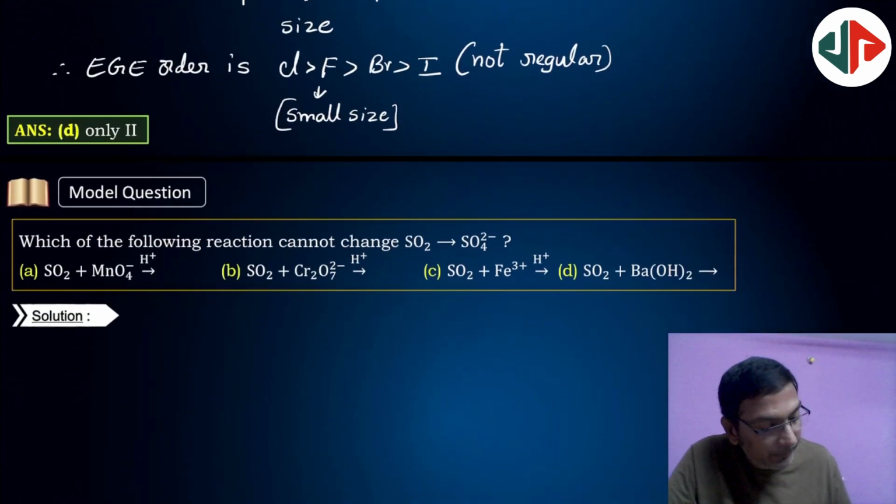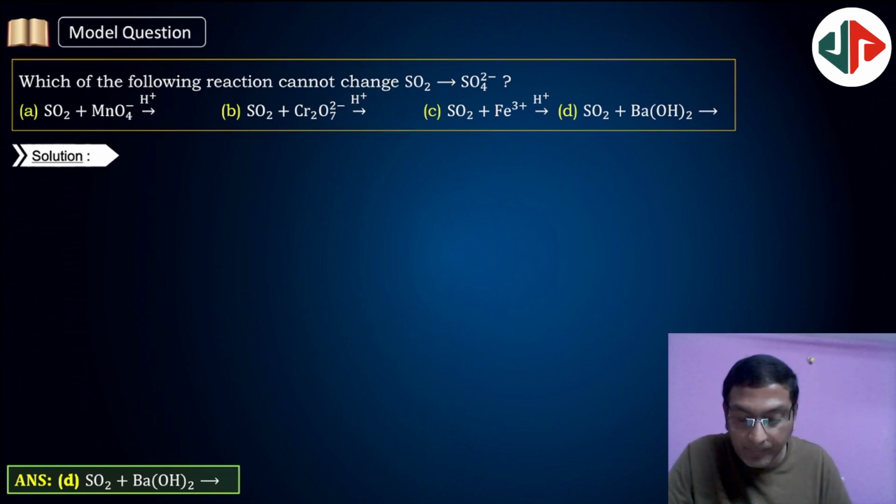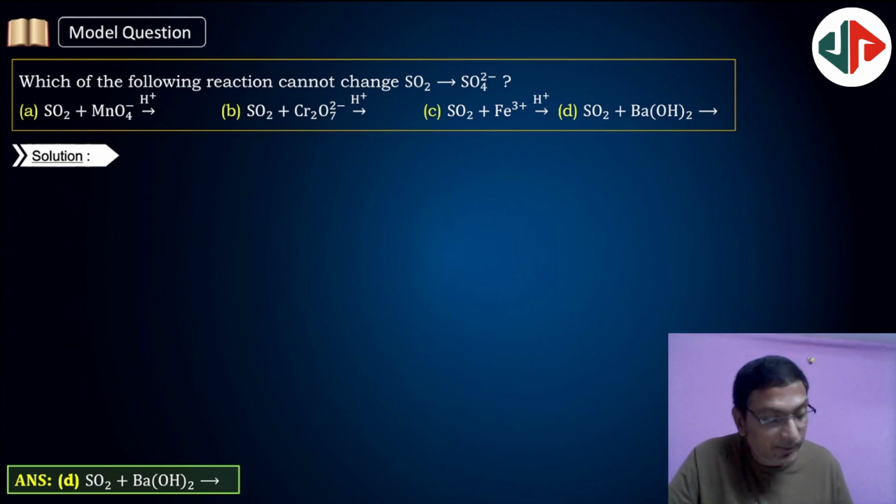Next. So which of the following reactions cannot change SO2 to SO4 2-? See here. First one, SO2 is the reducing agent, MnO4- oxidizing agent.